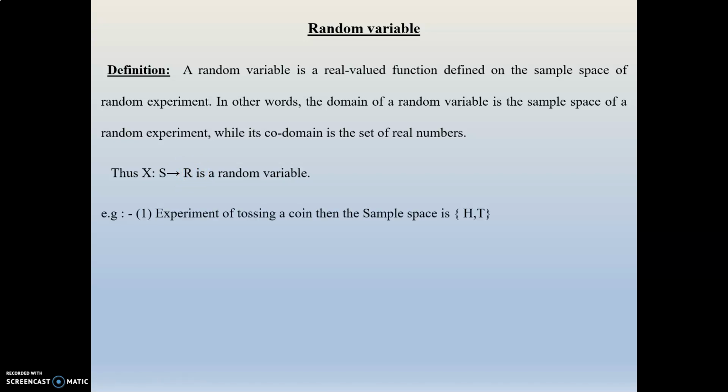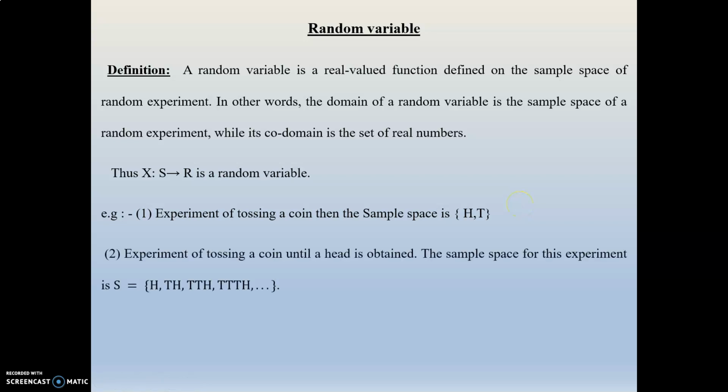For example, first one, experiment of tossing a coin. Then the sample space is the set {H, T} and the codomain will be the real numbers. Next, the experiment of tossing a coin until a head is obtained.